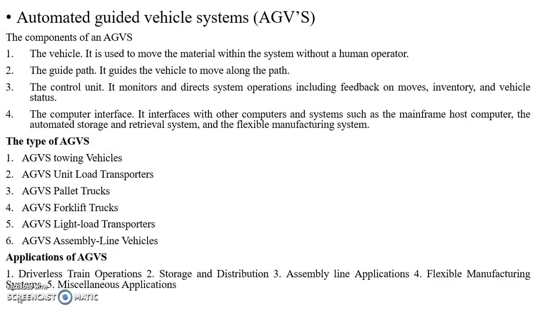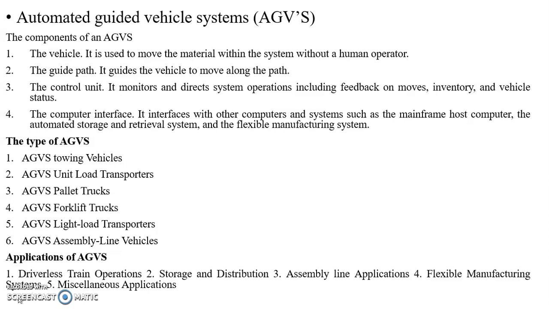And the next one is flexible manufacturing systems. In the typical operations, the starting work parts are placed on pallet fixtures by human workers. Then AGVs deliver the parts to the individual workstations. When the AGV arrives at the assigned station, the pallet is transferred from the vehicle platform to the station for processing.